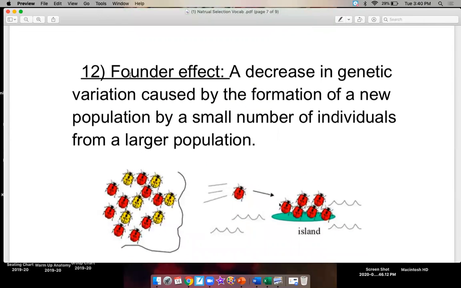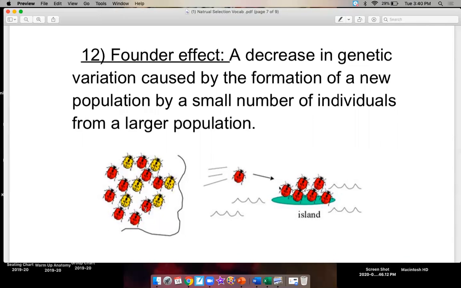Founder's effect is another thing that can cause these differences to happen. It's a decrease in genetic variation caused by the formation of a new population by a small number of individuals of a larger population. Meaning I got a whole bunch of ladybugs, some red ones, some yellow ones. Let's pretend there's some orange ones there too. And a couple of the red ones decide, you know what? I like that island over there.